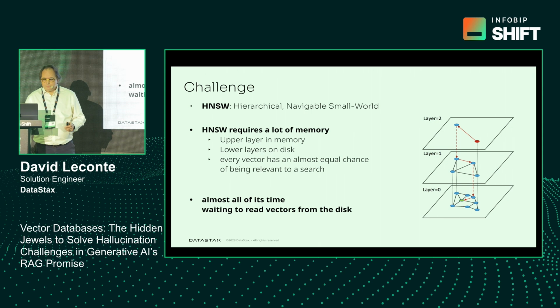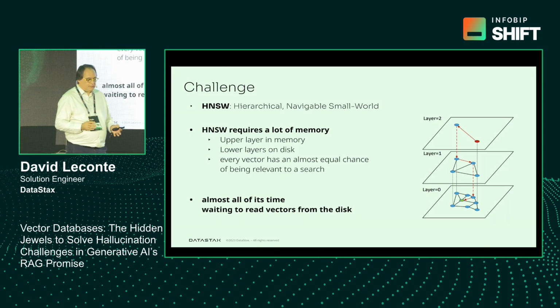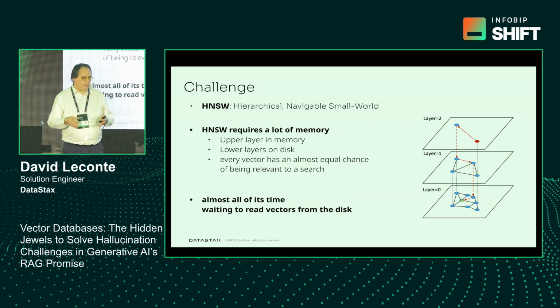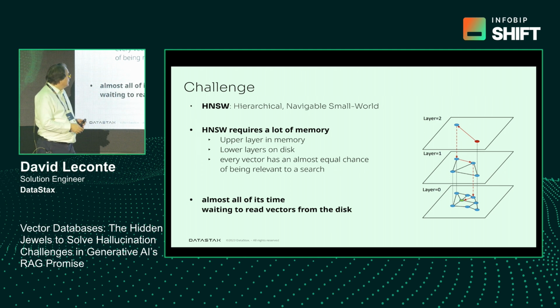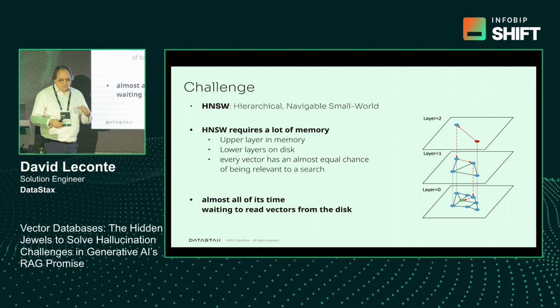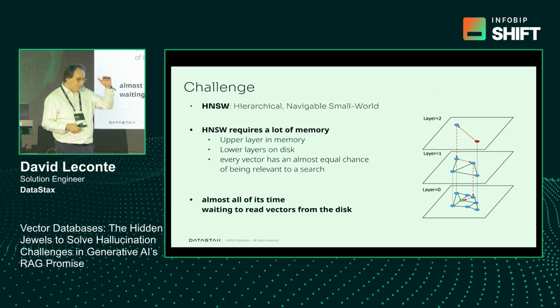So what did we do? Well, we look at what the industry has implemented as the main way of indexing the vectors, which is called HNSW. This way of indexing layers the index in many layers, and the top layers are about having everything in memory.